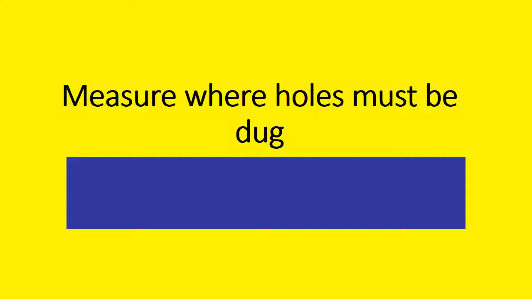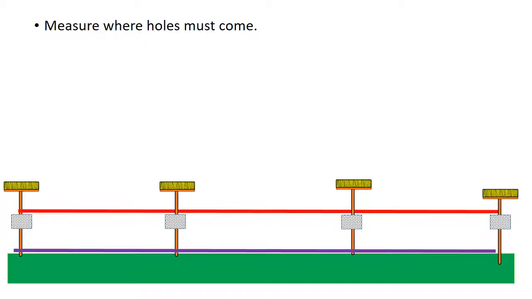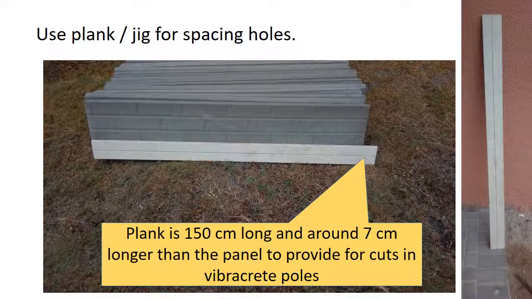Now you must measure where the holes must be dug. After having set up the lines and transferred them to the ground, you decide where the holes come, and you use a plank jig for spacing the holes.